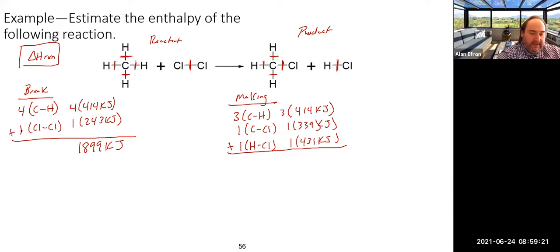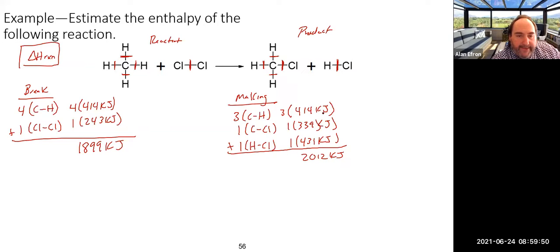So that's 3 times 414 plus 339 plus 431, and that gives us 2012 kilojoules. First off, any questions on how I got any of those numbers there?